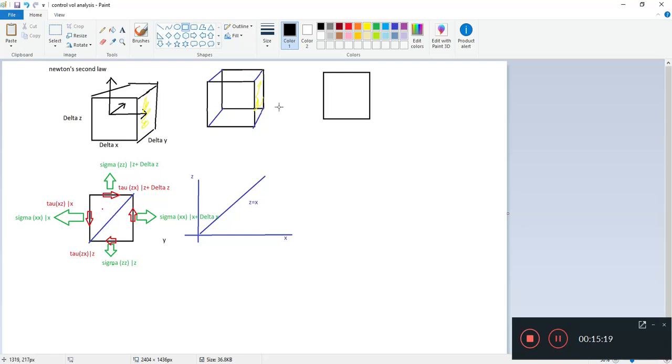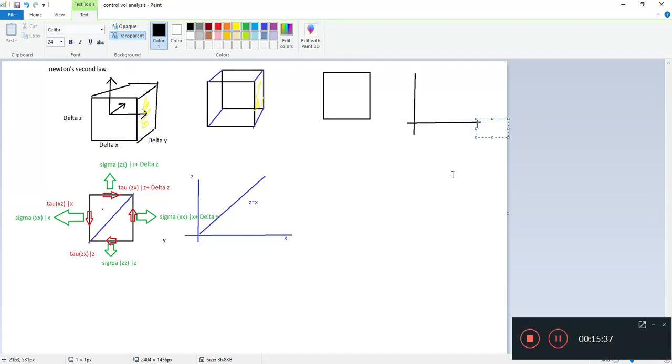So the bottom side, from here to here, this is the y direction. Here to here, this is the z direction. So we're talking about the YZ plane. So here is y, here is z.